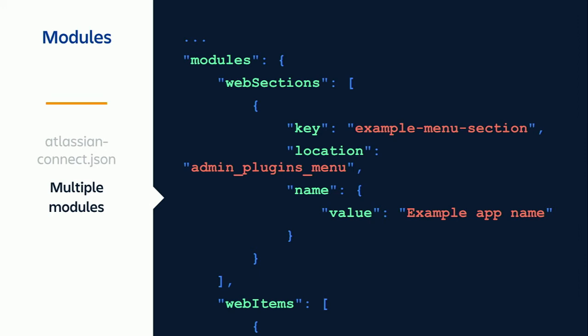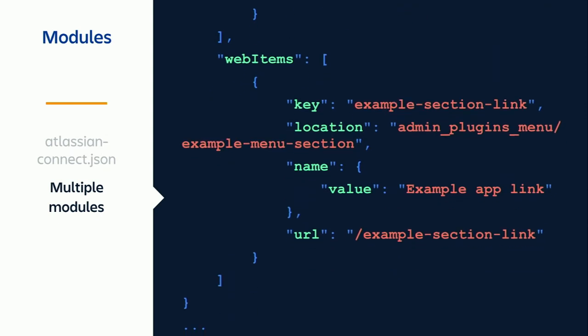Here we're defining a web section. It's going into the location of admin plugins menu. It has a value of example app name, so that's the name of the section. Within there, we're also defining a module called web items.